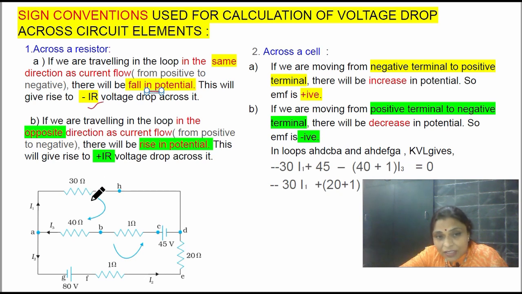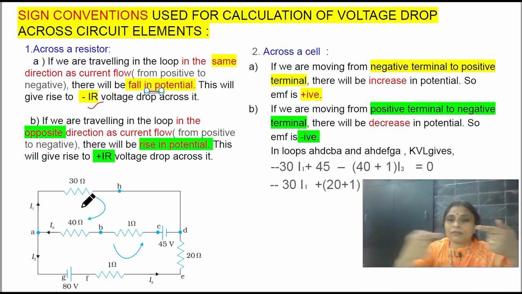So if the directions are the same, it is minus, and if the directions are opposite, that means we are moving this way and the current is moving the other way, then there will be a rise in potential, and we write plus IR.